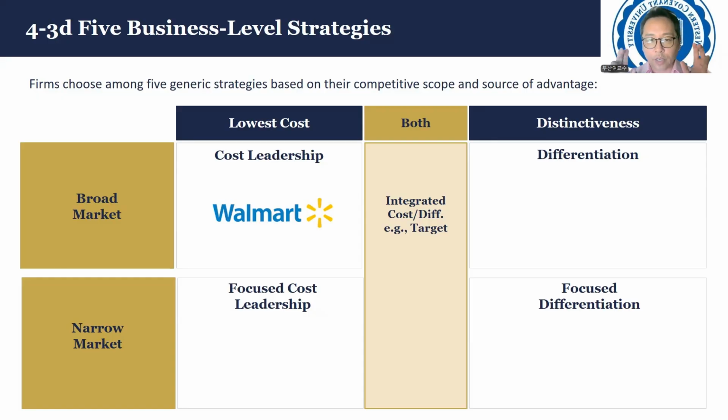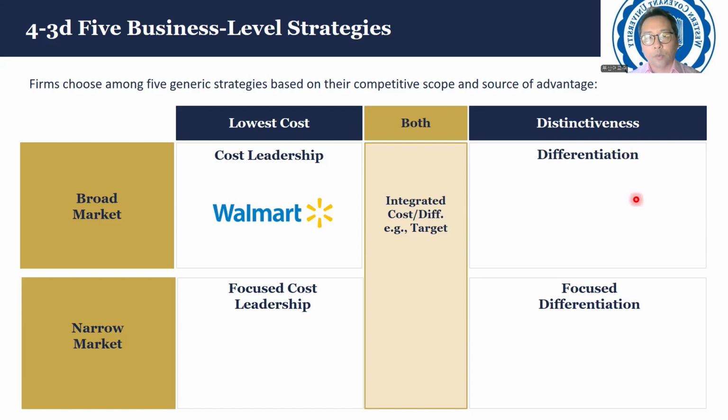Their catchphrase is "save money on everyday products." That's tightly connected with their cost leadership strategy. Because Walmart serves many different types of customers at low prices, it fits the low cost plus broad market strategy.